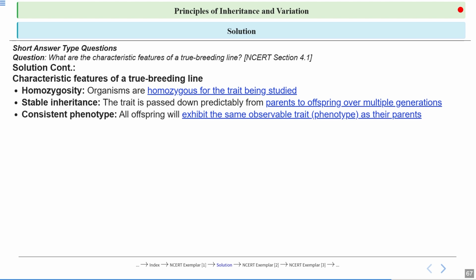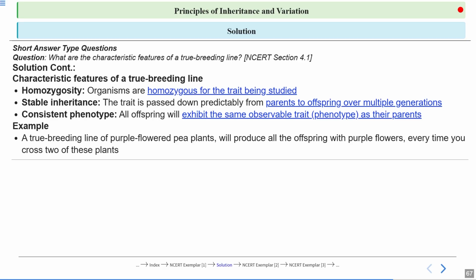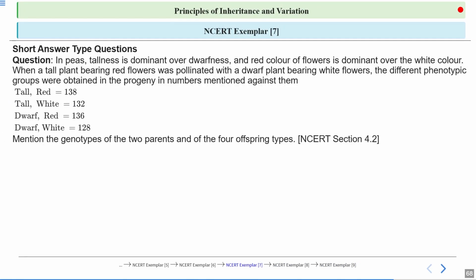So that's why there is a consistent phenotype. All the offspring will exhibit the same trait as their parents, so you can easily study the inheritance of the trait. For example, a true breeding line of purple flower pea plant will produce all the offspring with purple flowers only, every time you cross two of these plants.